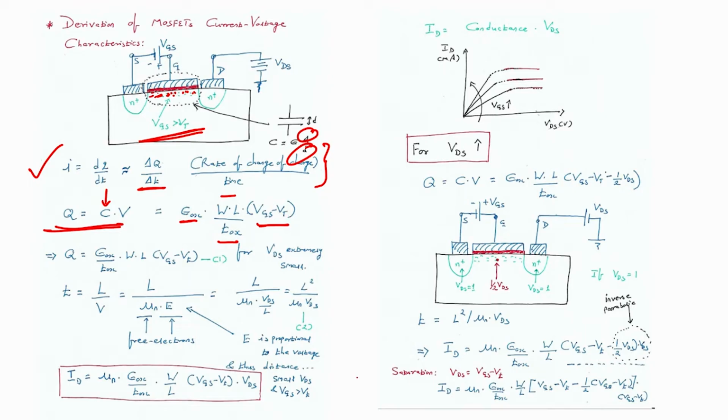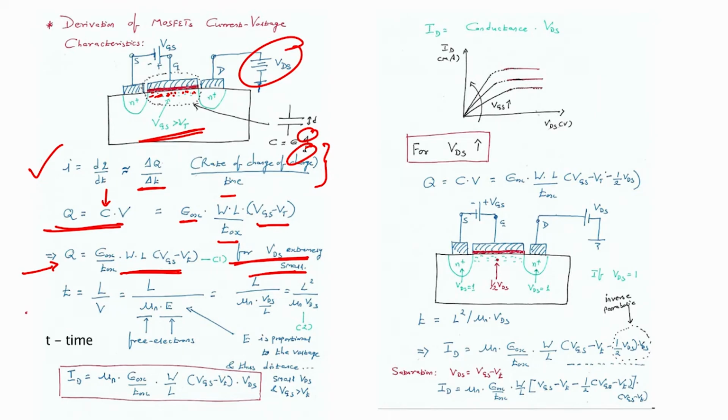So let us consider this equation for q for the condition that VDS is extremely small.